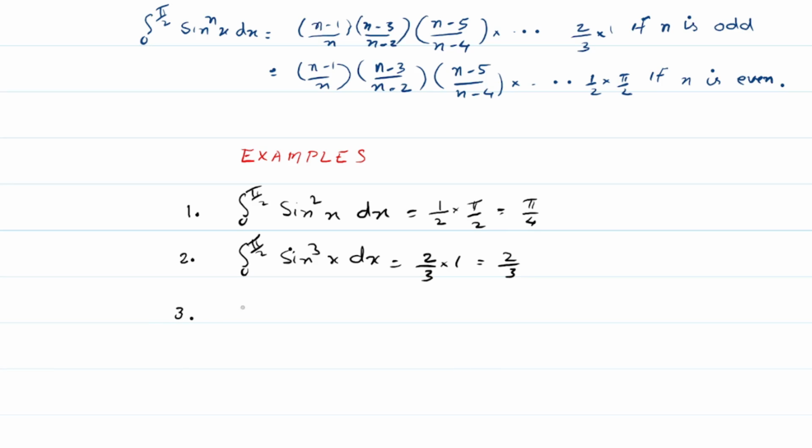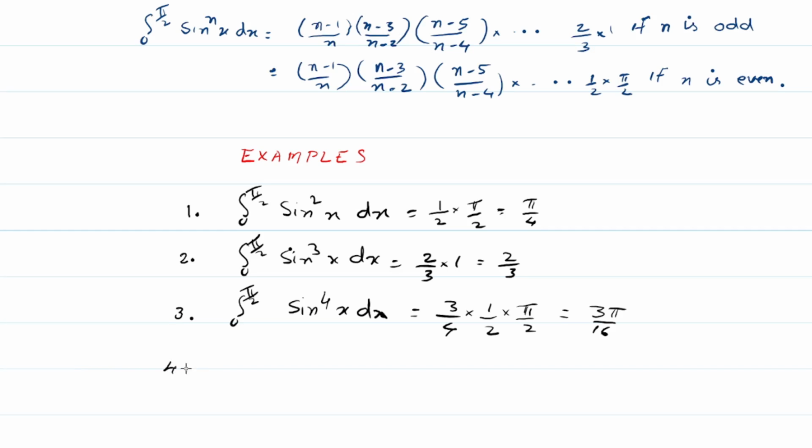Third, integral 0 to pi by 2 sin raised to 4 x dx, that will be equivalent to 3 by 4, then 2 less, 3 minus 1, that is 1 by 2 into pi by 2, the last term will be pi by 2, that is 3 pi by 16.